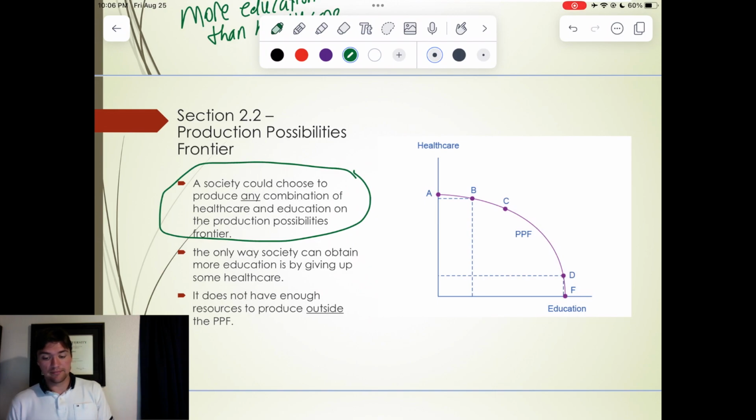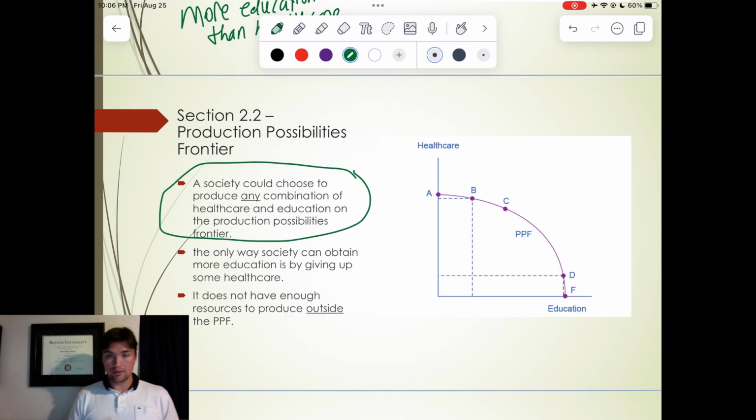Governments do this all the time. They're trying to figure out the best scenario on doing more education or more healthcare. That's what the production possibility is trying to do: giving you just the possibilities that you have, and you pick the one that is best for your society.